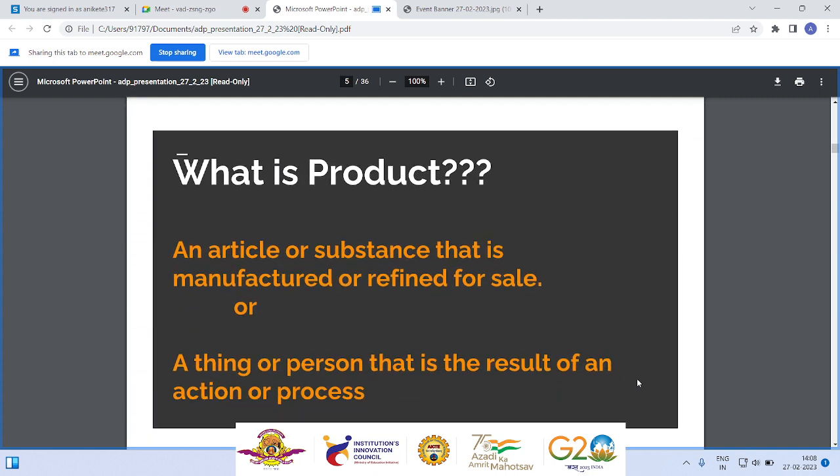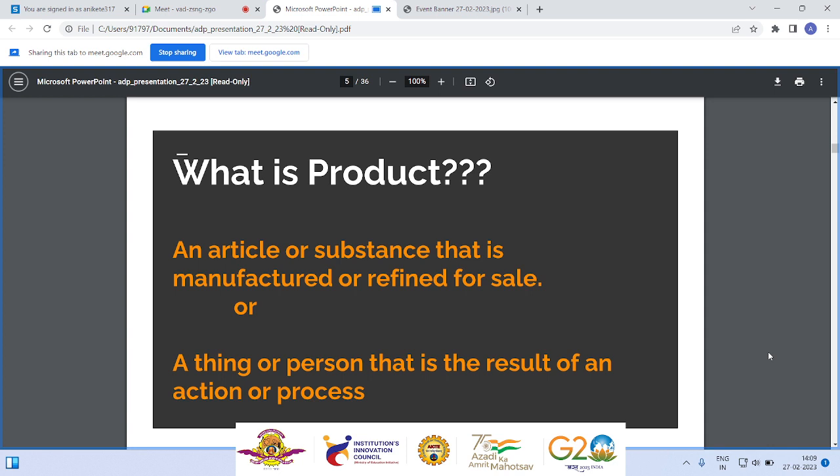So what is a product? A toothpaste, a brush, or any particular thing can be a product. It's an article or substance that is manufactured or refined for sale. You can think of any product that is being manufactured, not naturally available, and if it is naturally available, then some kind of process is done on it, and then it is available for selling purposes.